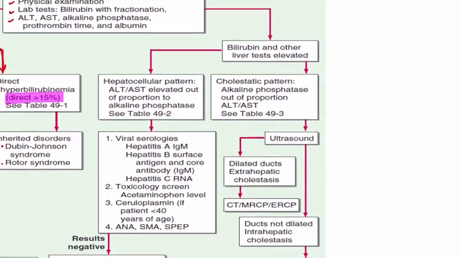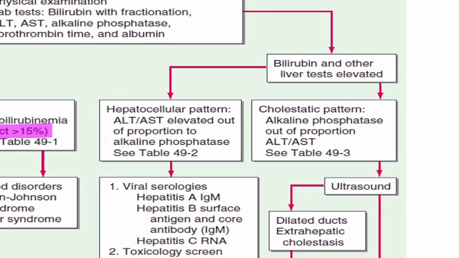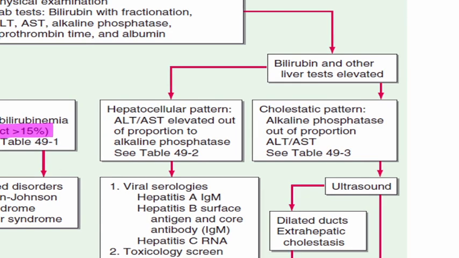If the patient comes to you with bilirubin and elevation of other liver enzymes also, this pattern is more common, right? Bilirubin and other liver tests. What are other liver tests?